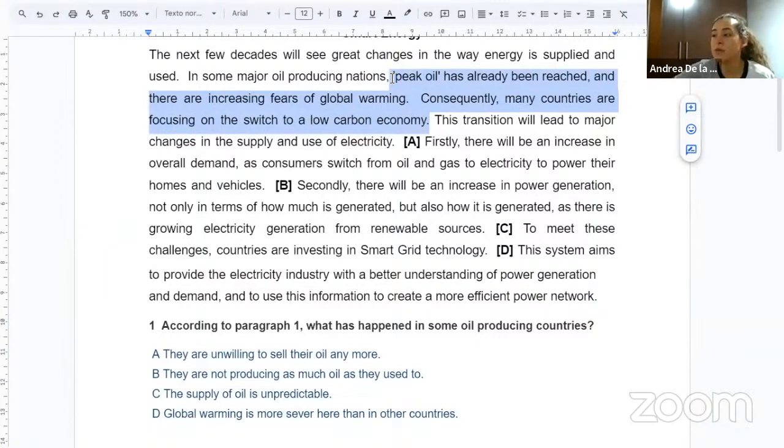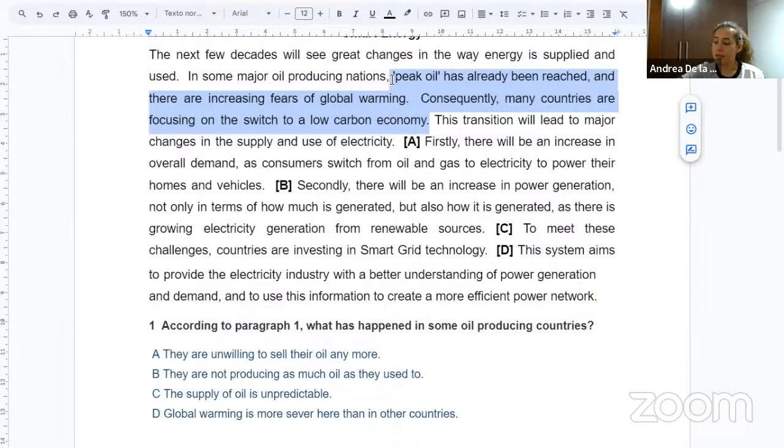Peak oil has already been reached. Does anyone know what peak means? What is the peak of something? Peak is the maximum point, right?